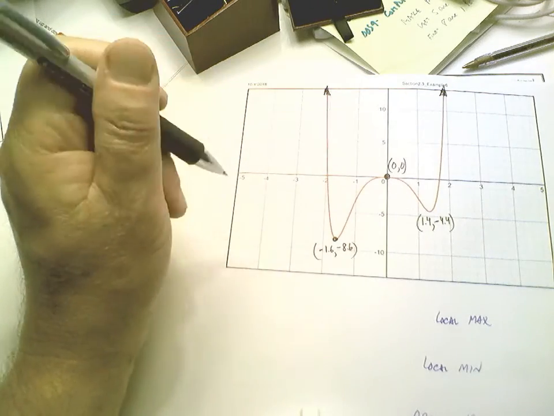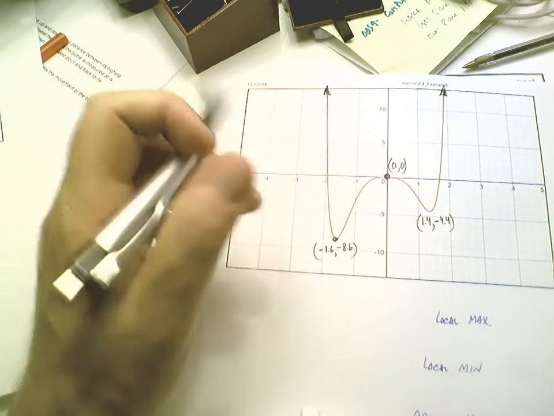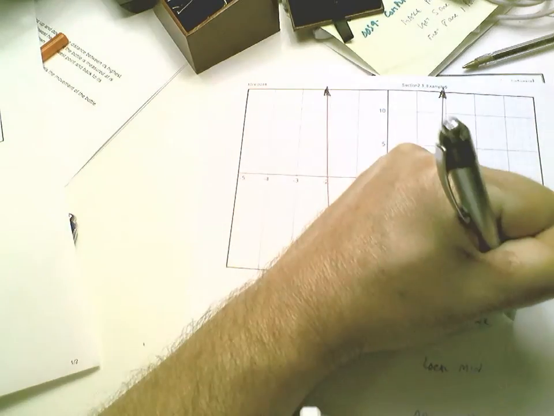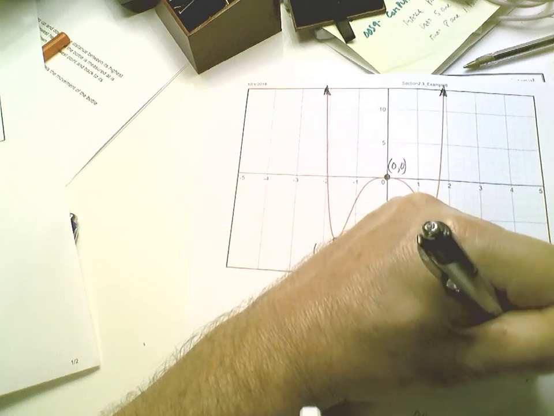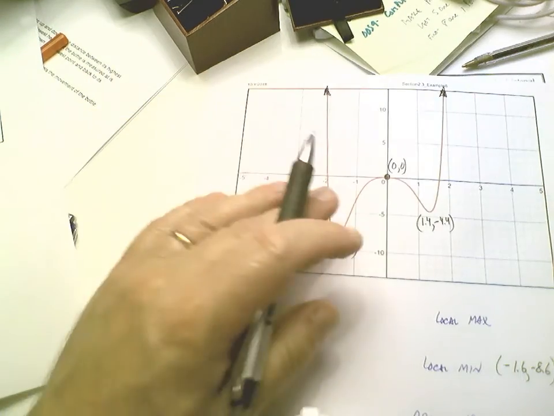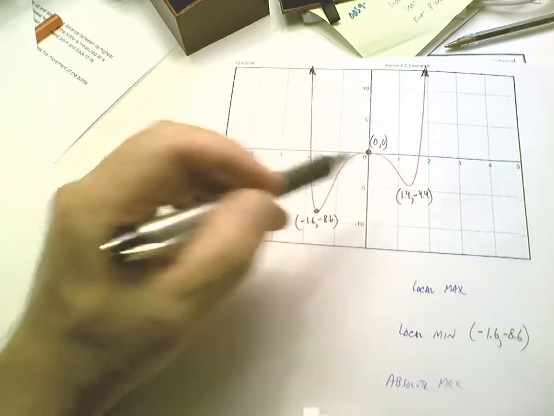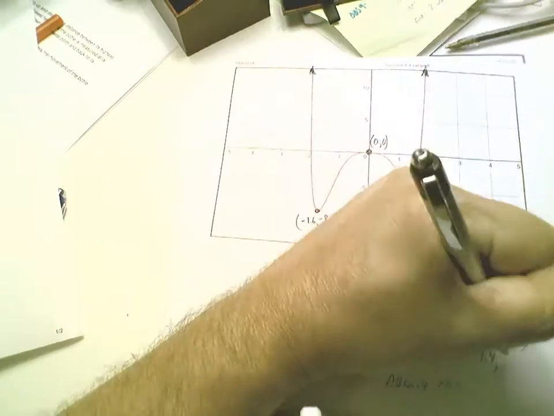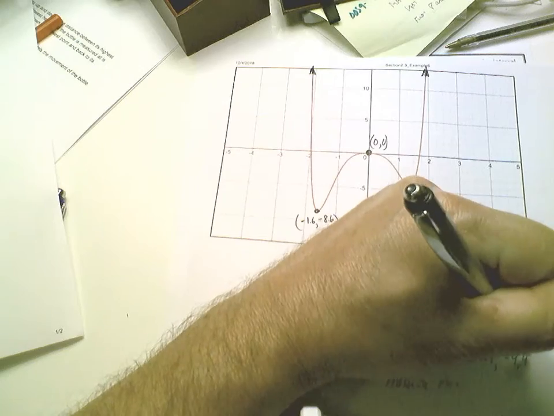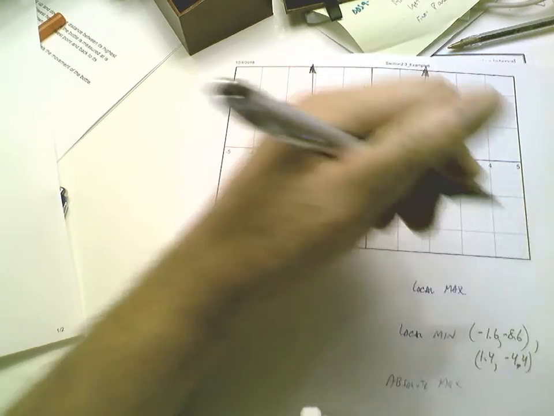In this case, what am I going to come to a conclusion on? Well, negative 1.6, negative 8.6 is a local minimum, and for that matter, 1.4, negative 4.4 also happens to be a minimum.